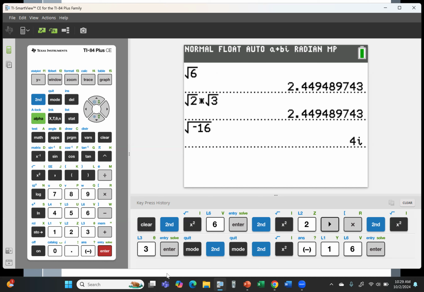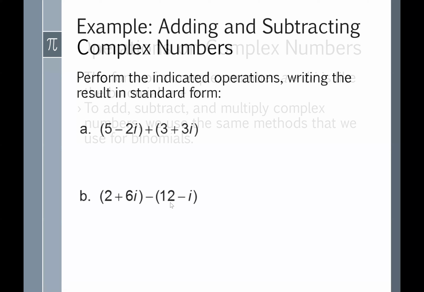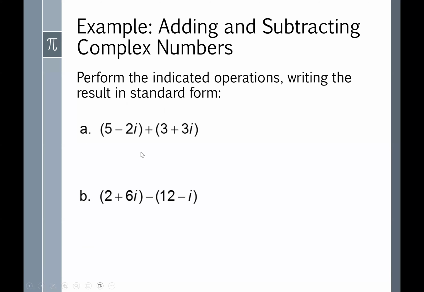All right, so if we go back to our slide, here is an example of adding complex numbers. We have the complex number 5 minus 2 times the imaginary unit i, so 5 minus 2i, and we're adding to that the complex number 3 plus 3i.